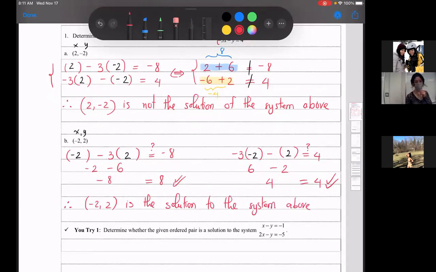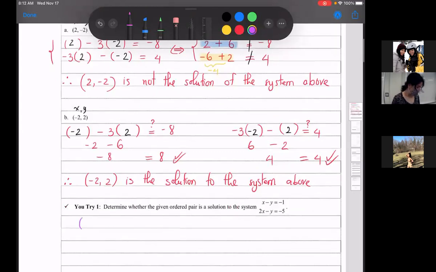I'll give you a second to copy that down. -2, -1 is your you try.